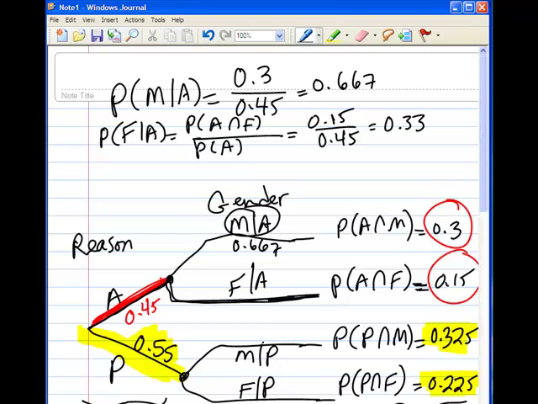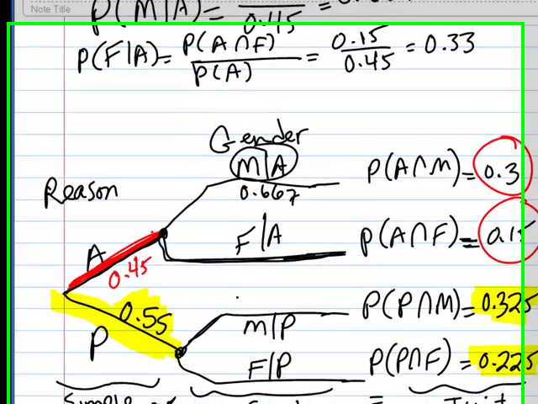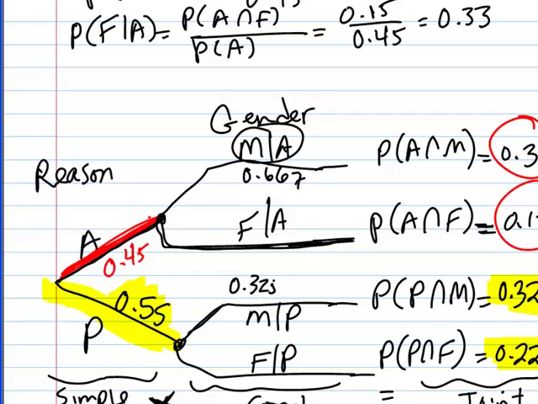And similarly, you can compute this one right here to be 0.325 divided by 0.55, and this other one to be 0.225 divided by 0.55.